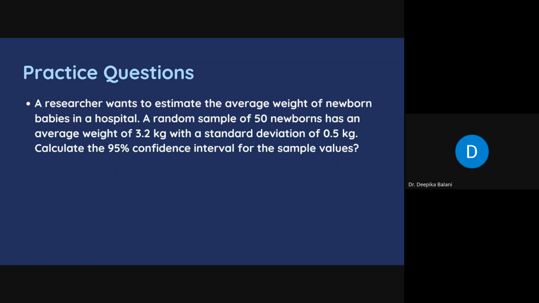So it will become 3.2 plus or minus 2 into 0.5. If we put plus for the upper value, the answer is 4.2, and if we put minus for the lower limit, the answer is 2.2. So the answer becomes 2.2 to 4.2. Yes, that's absolutely perfect.